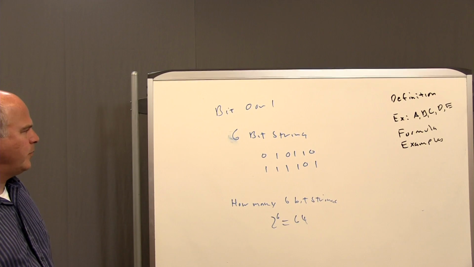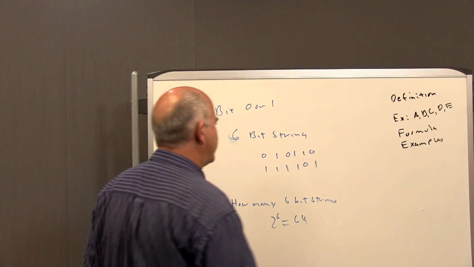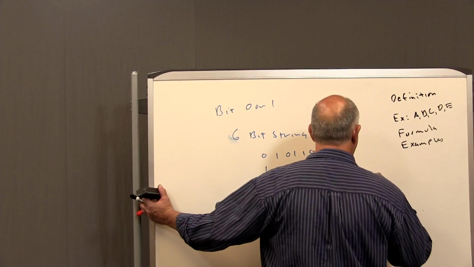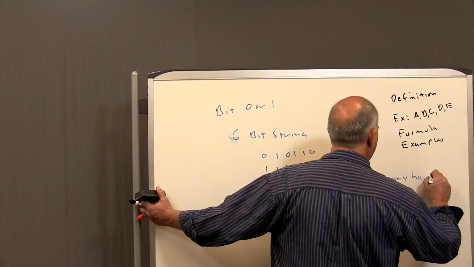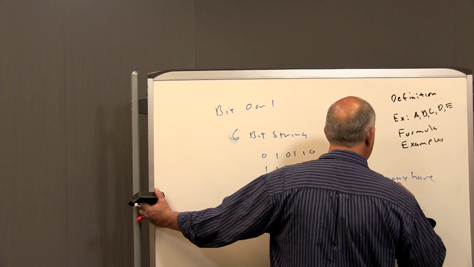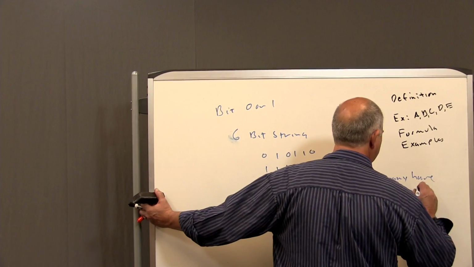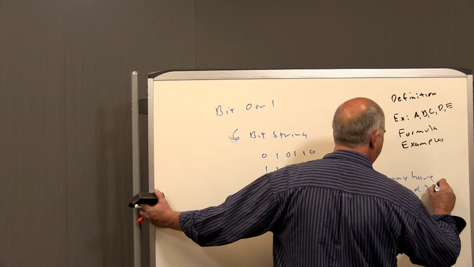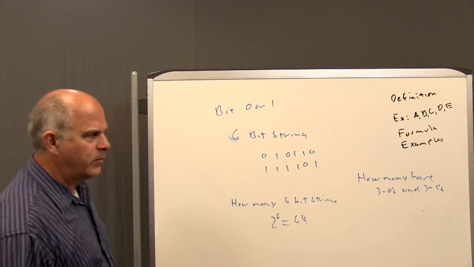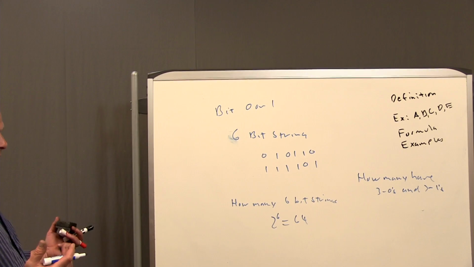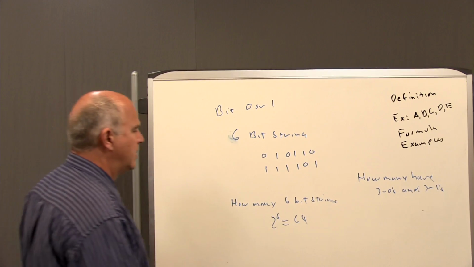On the other hand, how many strings have 3 zeros and 3 ones? I don't have to say 3 zeros and 3 ones, because if I have 3 zeros, I have to have 3 ones, otherwise it's not a 6-bit string, right?